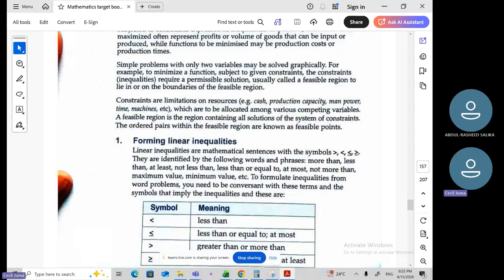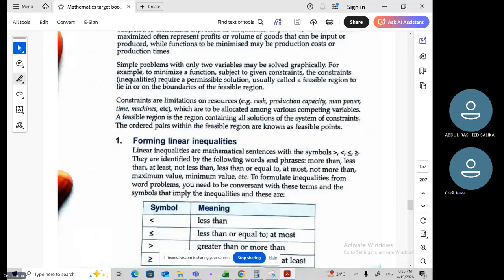And these linear inequalities mostly are represented by symbols. The first symbol is greater than, the second symbol is less than, the third symbol is less than or equal to, the last symbol is greater than or equal to.